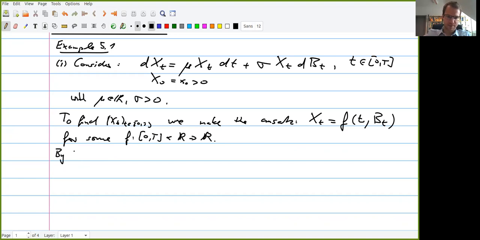So let's apply Ito's formula to see what we get. Let's use this short writing. So f, this is here. I want to have the short writing because that makes our life simpler. And here I can now apply Ito.